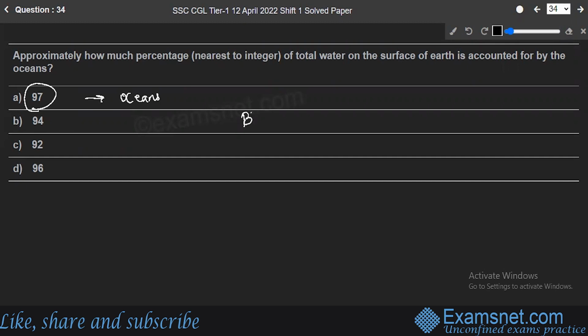Earth is called the blue planet because it looks blue from space due to the presence of water on its surface.